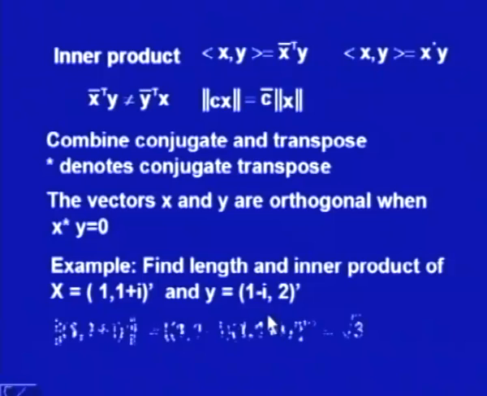So, the length of vector x, which is (1, 1 plus i), will be equal to the square root of this product, and if you work it out, it is 1 into 1 plus (1 minus i) into (1 plus i), that gives me root 3.